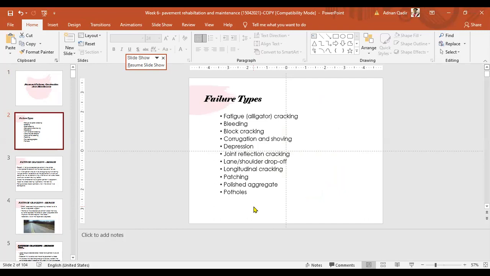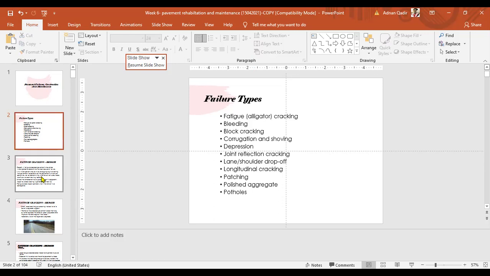That is what we call fatigue, bleeding, block cracking, corrugation and shoving, depression, joint reflection cracking, lane shoulder drop-off, longitudinal cracking, patching, polished aggregates and potholes.